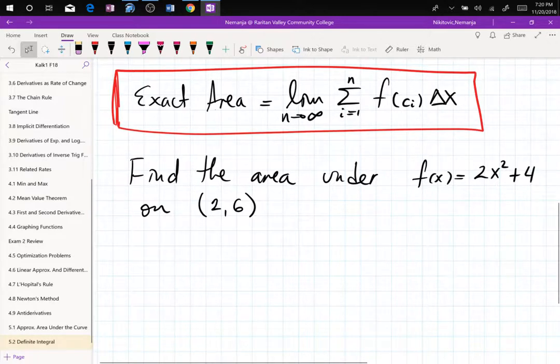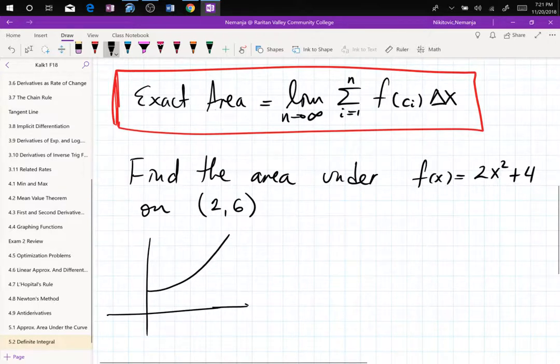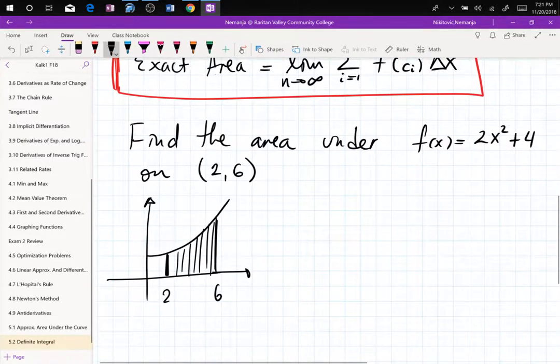So we start by first, let's first draw an arbitrary thing like that and say this is what 2 is, this is what 6 is, and we have these divisions in between. We understand that at 2 was x0 and the next one is x1 and x2 and x3.